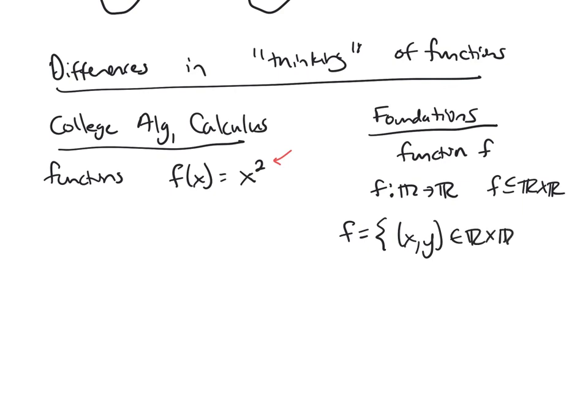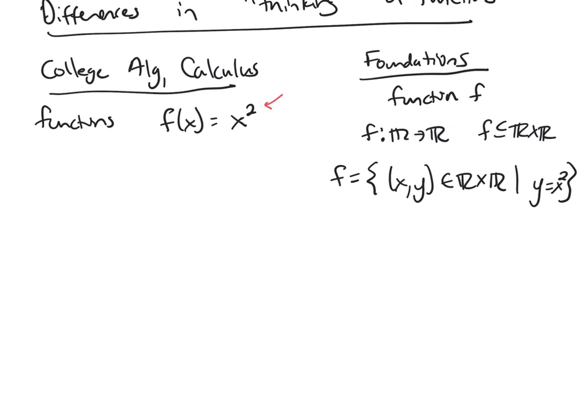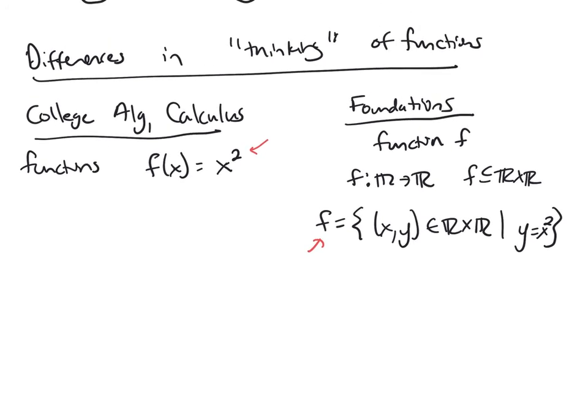So in R cross R, where, for example, y equals x squared. Here, these both are really talking about the same function, but we're thinking about them in different ways. In the college algebra and calculus way, we're thinking about them being described by an equation, with inputs and outputs, but over in foundations of math, we're thinking about them as being ordered pairs, because functions are relations, so ordered pairs.